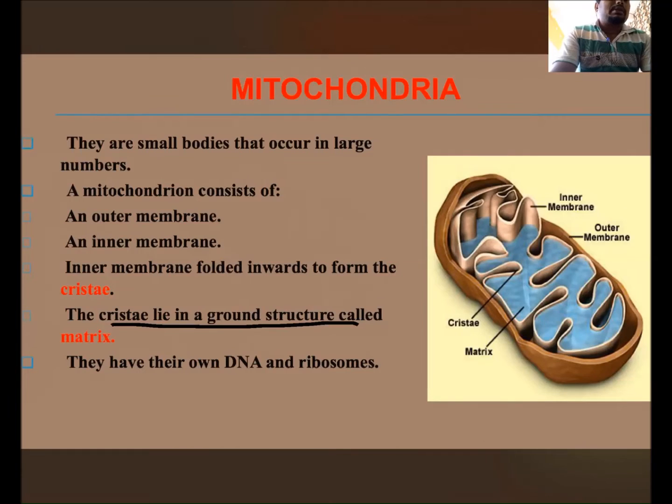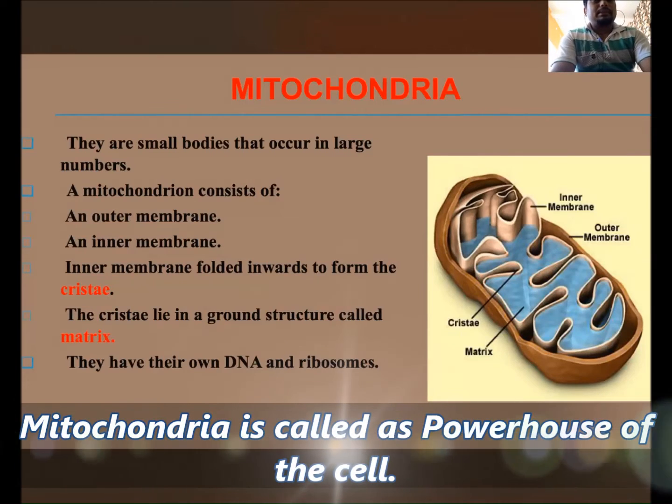Crista lie in the ground structure, and this fluid part of the mitochondrion is called matrix. This blue structure we can see, this is matrix, and this matrix contains a large number of required oxidative enzymes which help in aerobic respiration and to release energy, to form energy in the form of ATP.